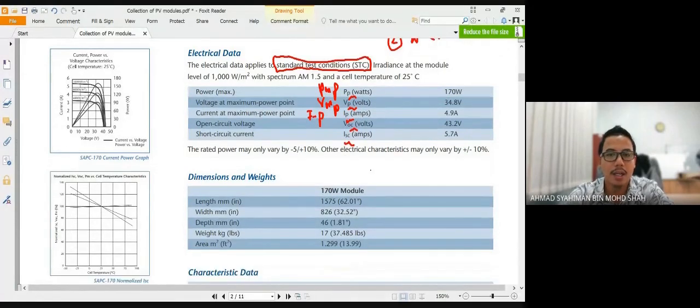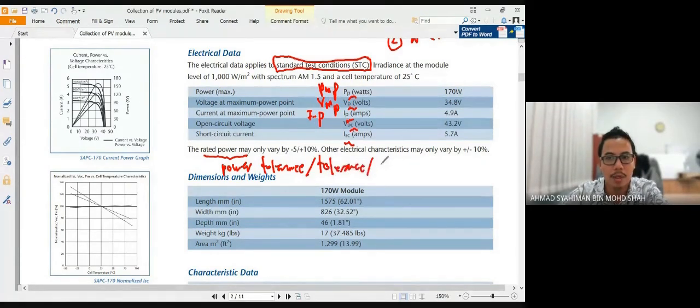Okay. Lepas tu nanti ada power tolerance, tapi tak apa, awal lagi kita nak belajar. Sebab itu kat chapter grid related, tapi tak apa, saya tunjuk. Ni ada rated power may vary. Ni kita panggil sebagai power tolerance ataupun manufacturing tolerance.